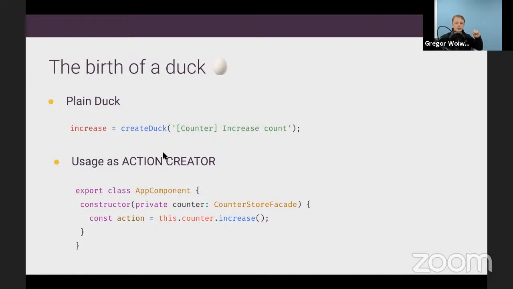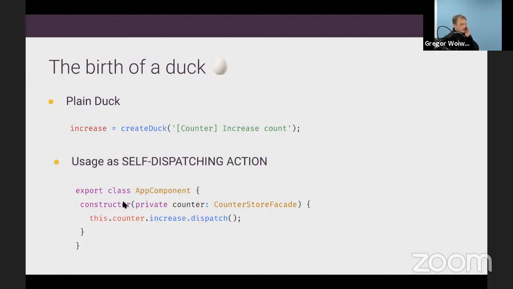This is what you know from ngrx with create action. This means, if you have your component and you inject the facade, you can just go to the service, execute the function increase, and then you will receive the built action object back.